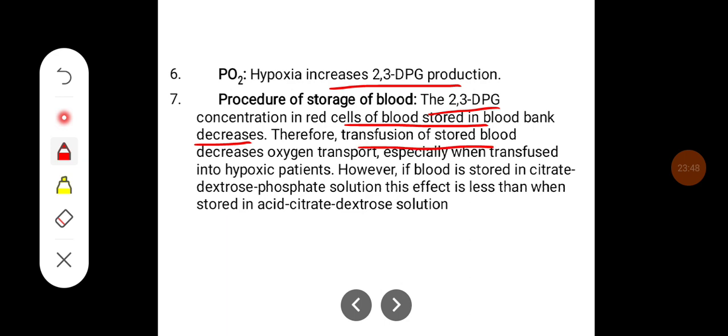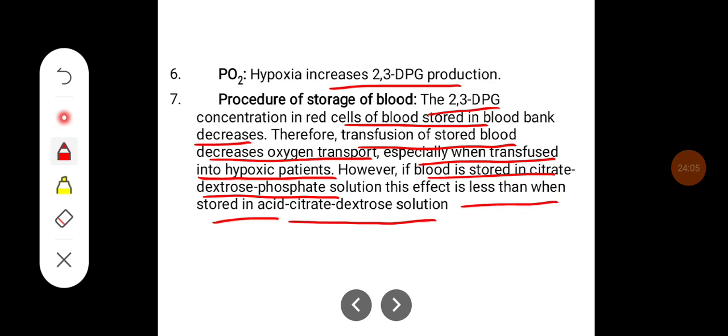Therefore, transfusion of stored blood decreases the oxygen transport, especially when transfused into hypoxic patients. Therefore, if blood is stored in a citrate dextrose phosphate solution, this effect is less than when stored in acid citrate dextrose solution.